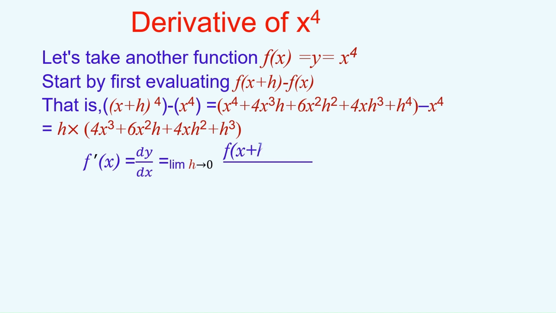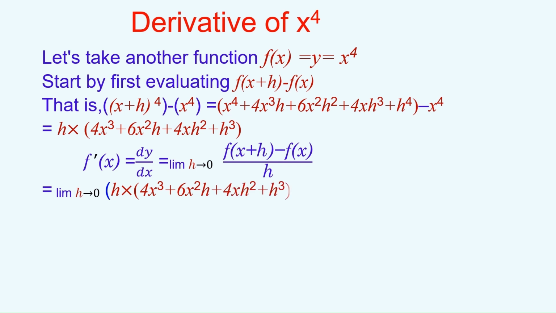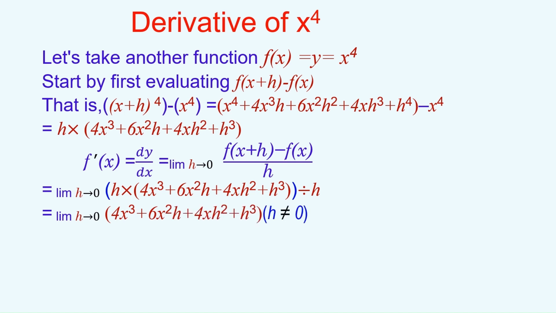f'(x) equals dy/dx equals limit h tends to 0 of (f(x plus h) minus f(x)) divided by h equals limit h tends to 0 of h times (4x cubed plus 6x squared h plus 4xh squared plus h cubed) divided by h equals limit h tends to 0 of 4x cubed plus 6x squared h plus 4xh squared plus h cubed.